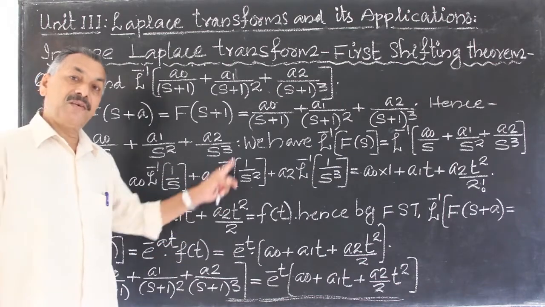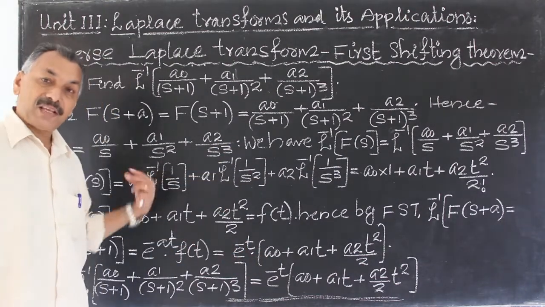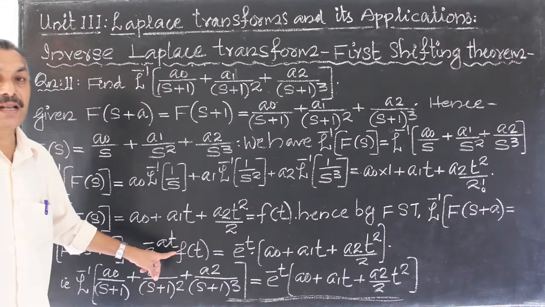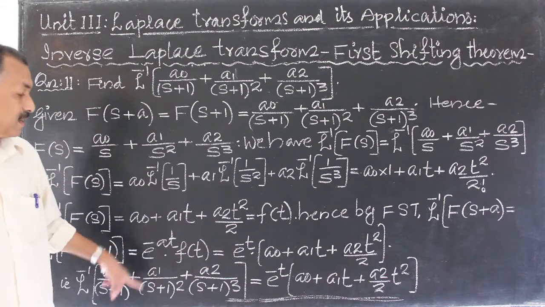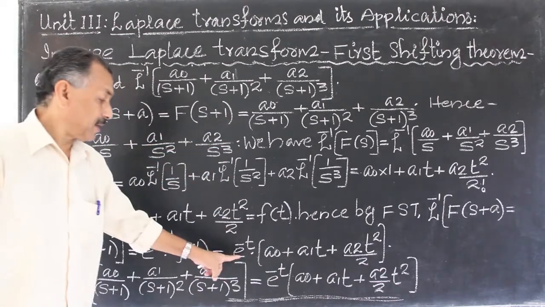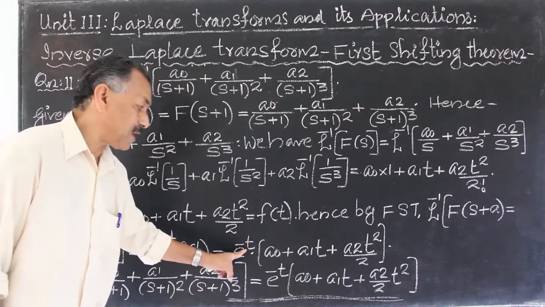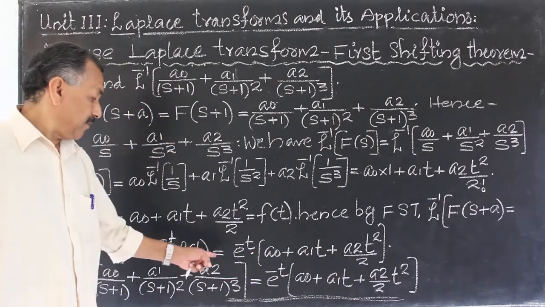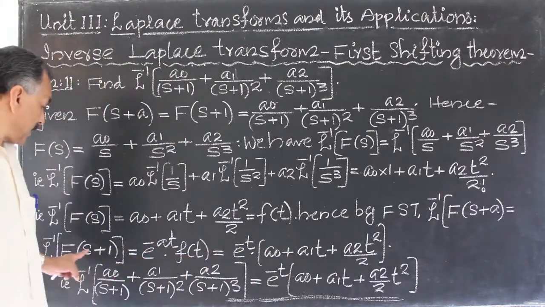If the inverse of f of s is f of t, then the inverse of f of s minus a is e raised to a t into f of t. Here minus a t is the inverse of f of s plus a. That is equal to e raised to, what is a? a equal to 1. Now e raised to minus a t means e raised to minus 1 into t into f of t. That is L inverse of f of s plus 1.